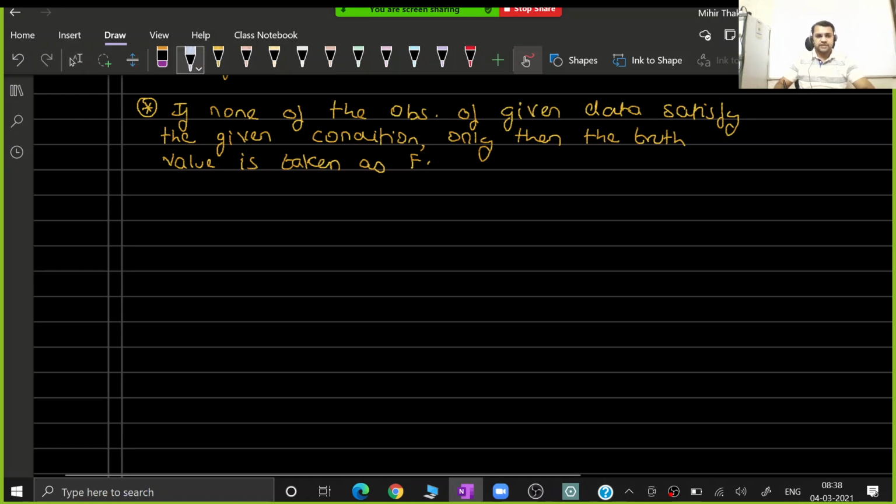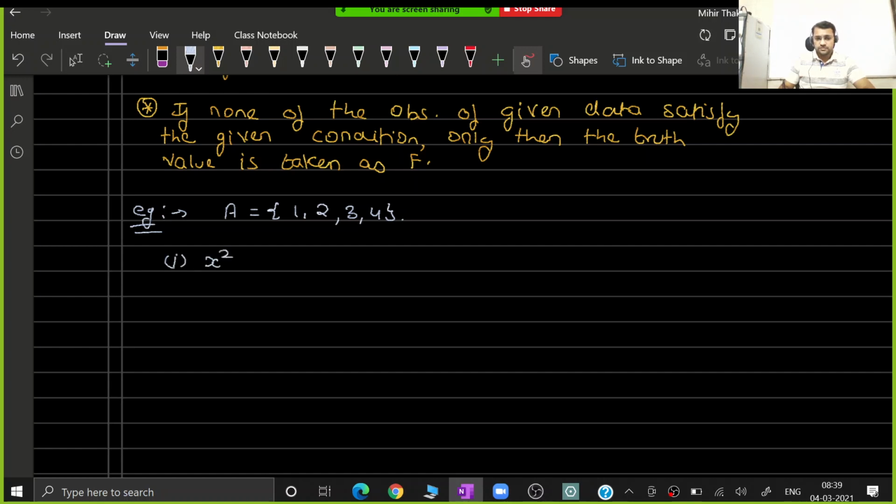So let us take the same example that we took in the previous part. I had taken that there is a set A which has the values 1, 2, 3 and 4, and I also told a condition which was x square is less than or equal to 9. So we had seen over there 1 square is equal to 1 is lesser than 9. 2 square is equal to 4 which is also lesser than 9. 3 square is equal to 9 which itself is 9.